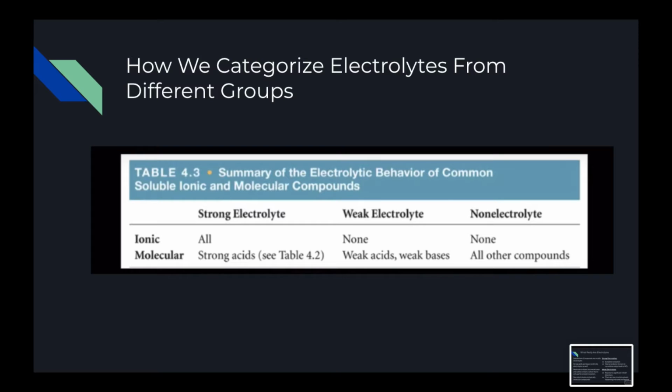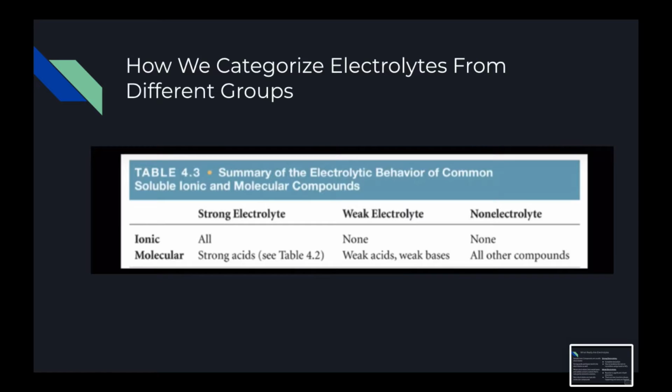The next thing we're going to look at is a chart on how we categorize electrolytes from different groups. Ionic compounds will always be strong electrolytes, all of them, hence why the weak and non-electrolyte columns say none, because ionic compounds ionize fully, making them strong electrolytes. Strong electrolytes are substances that are fully ionized in the solvent.